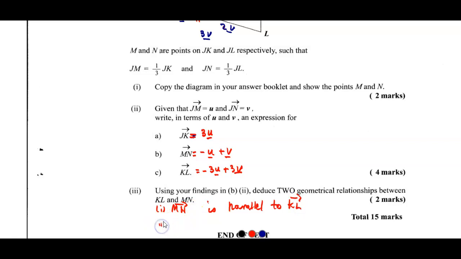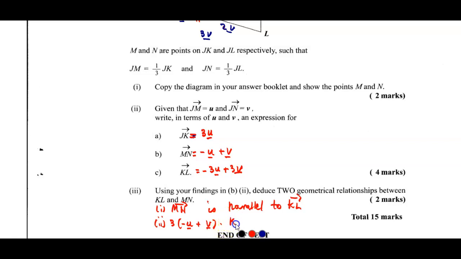And the next geometrical relationship that we have spotted as well is, if we factor out 3 here, we're going to have 3 into minus u plus v, which means that KL is 3 times the length of MN.